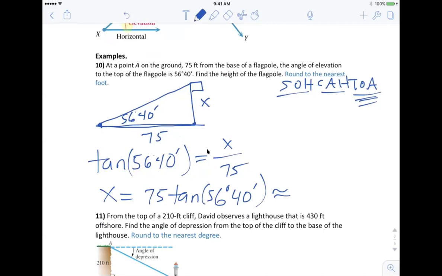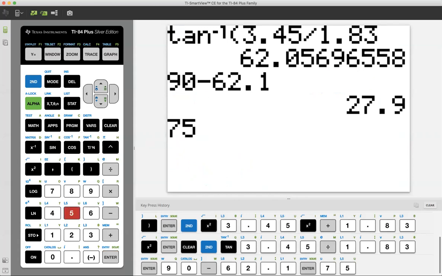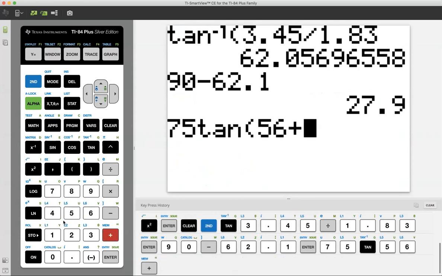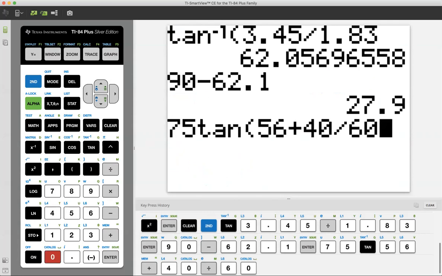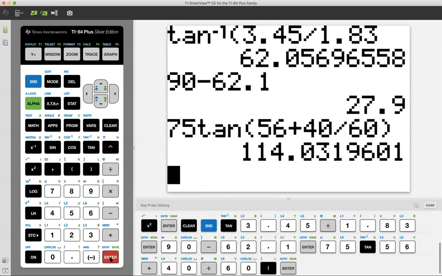Okay, so go to the calculator and we're going to do 75 tangent and then 5640. So 56 plus 40 divided by 60 is the cool way to do that. And this is about 114. Okay, and we're good to go.